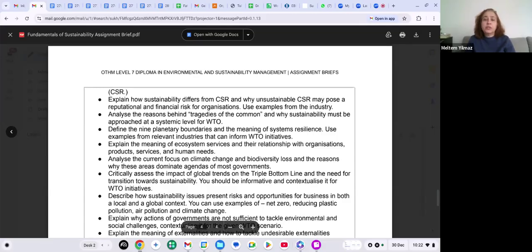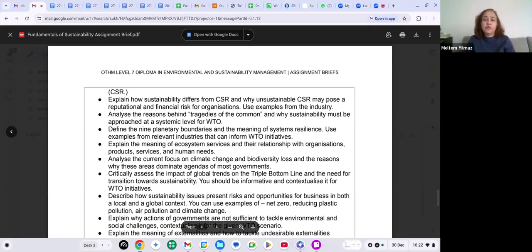Analyze the current focus on climate change and biodiversity loss and the reasons why these areas dominate the agendas of most governments. In this part, we want you to analyze the current situation of climate change and biodiversity loss. So, what is happening around us in the world?